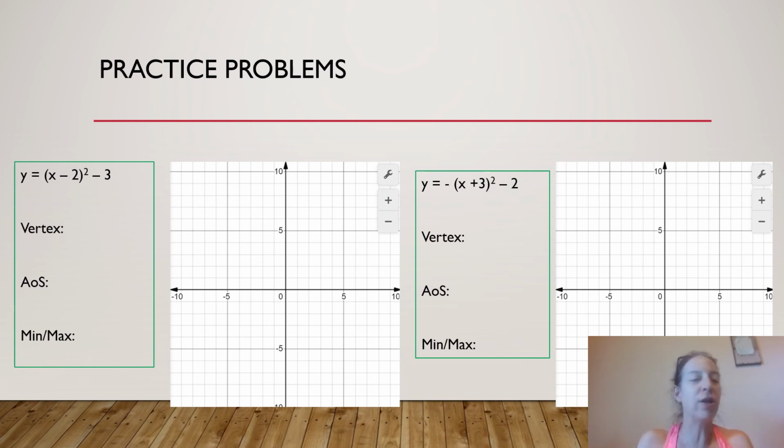It shouldn't take you a super long time to sketch a little graph. Identify the vertex, axis of symmetry. This is low risk. Worst thing that can happen is you end up getting them wrong, and then you have to hear the explanation to figure out, okay, what did I get wrong and how can I fix it? Yeah, low risk. So pause the video, try these 2, and then unpause the video and we'll go over them.